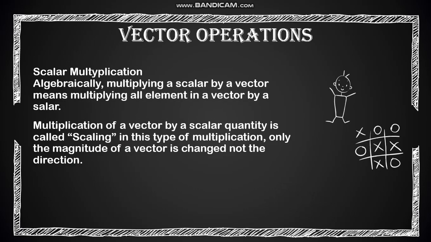Scalar multiplication. Algebraically, multiplying a scalar by a vector means multiplying all elements in the vector by the scalar. Multiplication of a vector by a scalar quantity is called scaling. In this type of multiplication, only the magnitude of the vector is changed, not the direction.